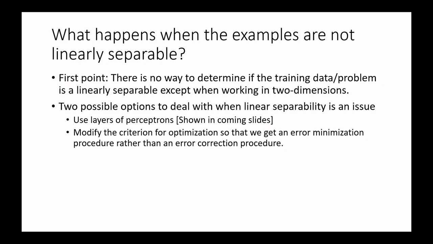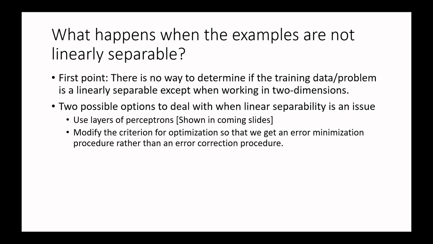There are two possible ways to deal with that situation. One is, instead of using a single neuron classifier like we have looked at, we use more than one neuron for classification, and we put them in layers.